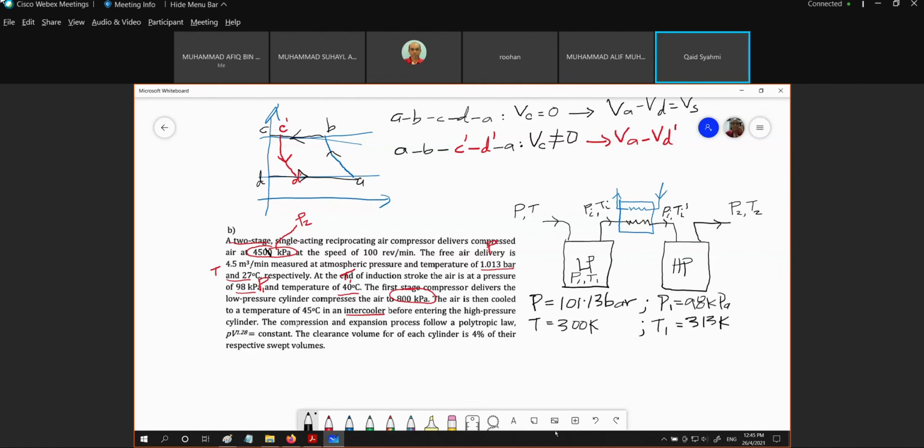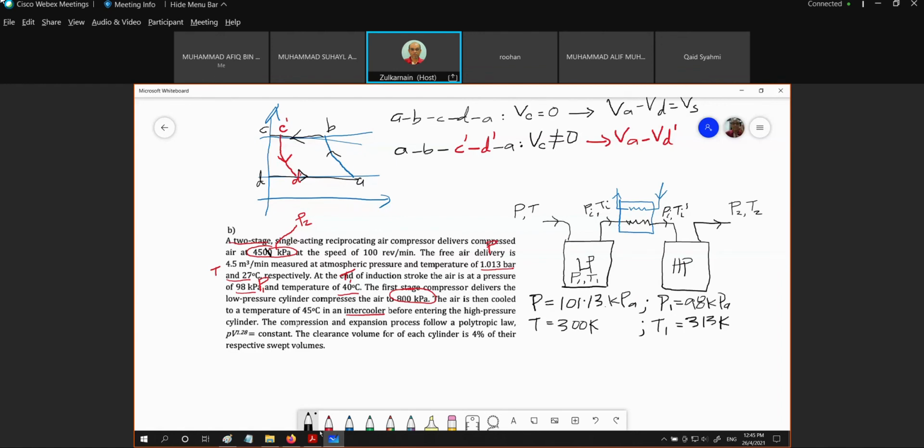Why the pressure 101.13, not bar? I want to convert straight away to kPa. I don't want to mix it up. Okay, thank you. This is kPa. It was given in bar, so I convert to kPa. It's easier. Right. So right now we have the 40, now 800.